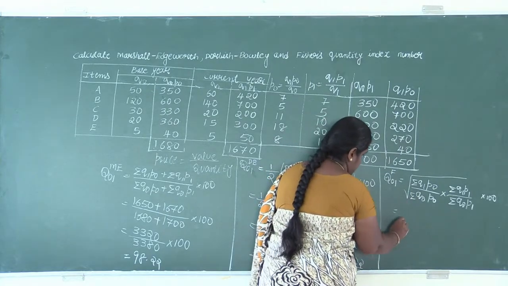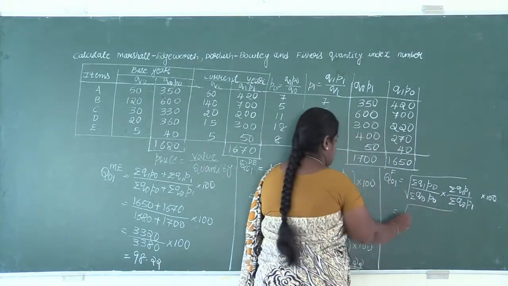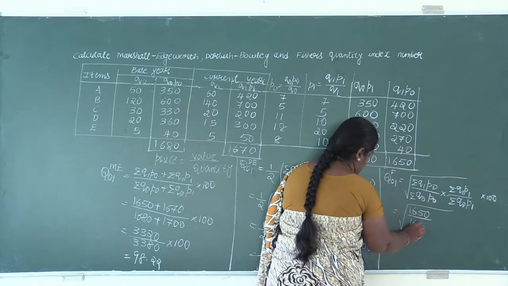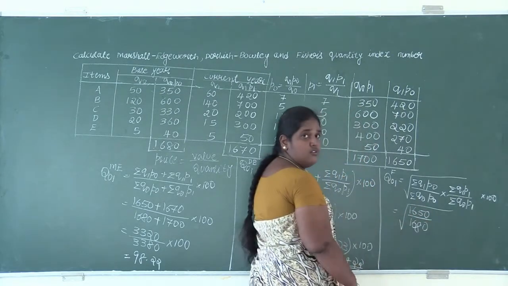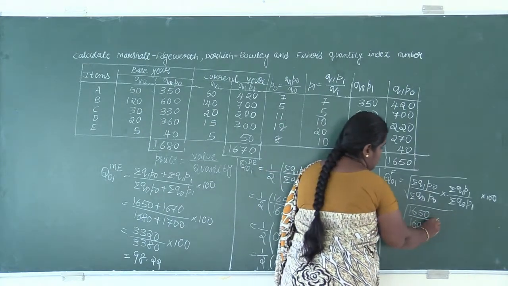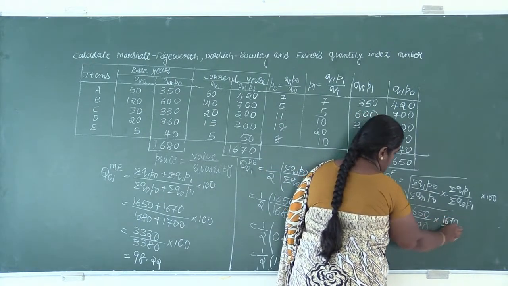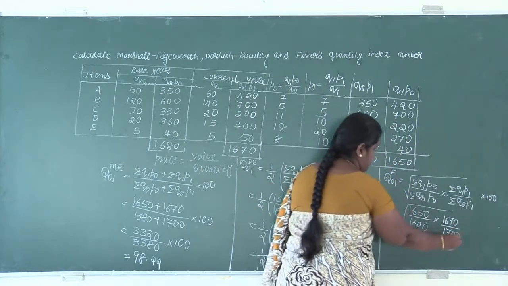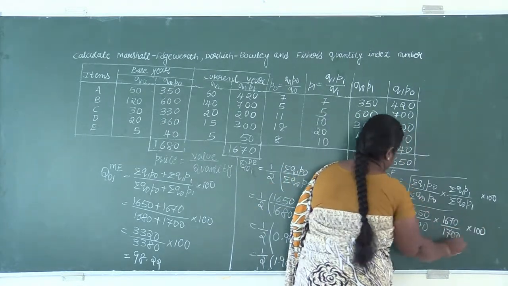Now substitute in this, we'll get square root of 1650 divided by 1680 into 1670 divided by 1700 into 100.